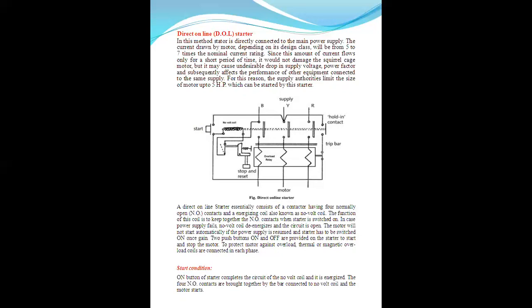Since this amount of current flows only for a short period of time, it will not damage the squirrel cage motor, but it may cause an undesirable drop in supply voltage and power factor, and subsequently affect the performance of other equipment connected to the supply. For this reason, the supply authorities limit the size of motor that can be started by this starter to 5 horsepower.